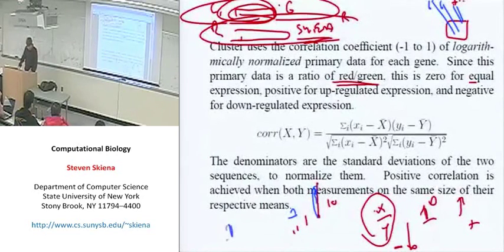Normal was going to be 1. 10 times normal would be 10. 1/10 normal would be 0.1. Unless you take the log of these things, this looks like a significantly different thing than the other, when all it is really changing is the difference between red and green. Okay? Any questions about that? So proper data normalization is important.